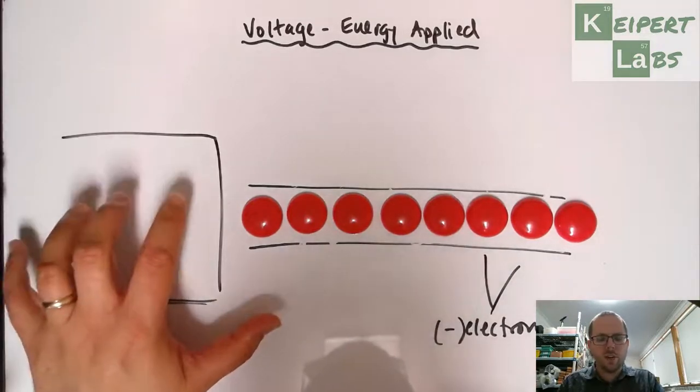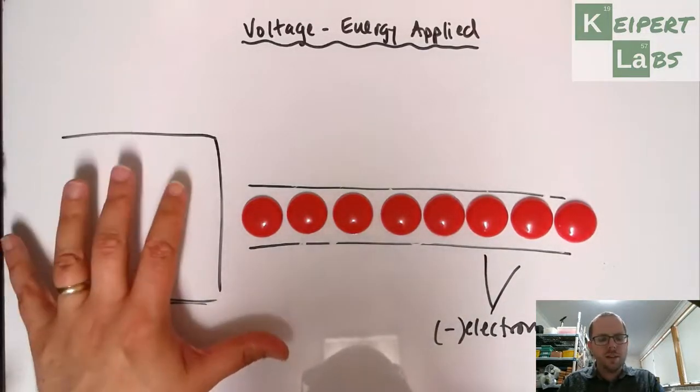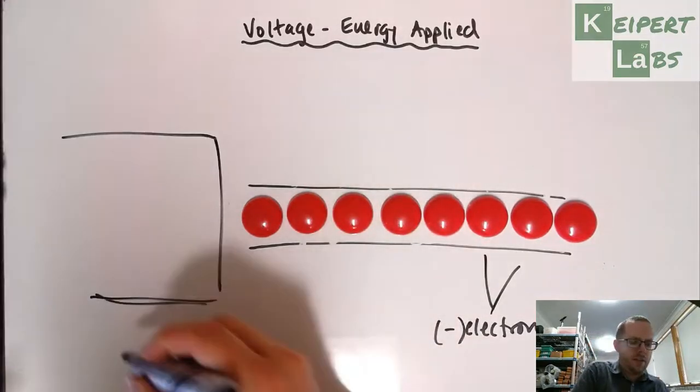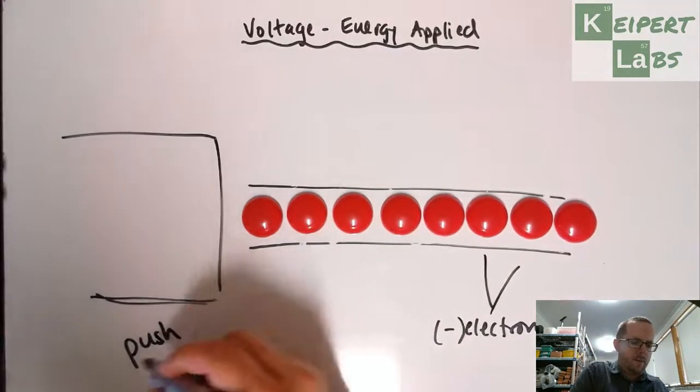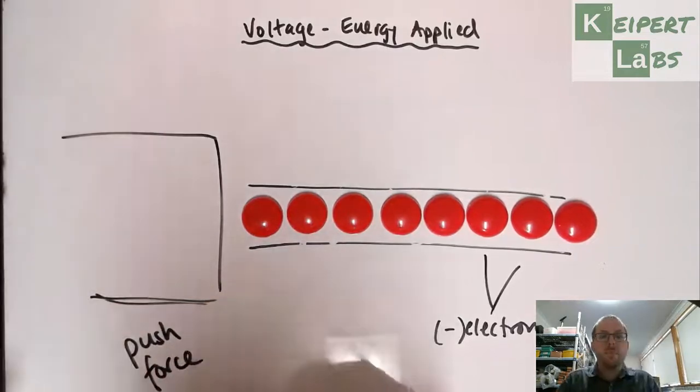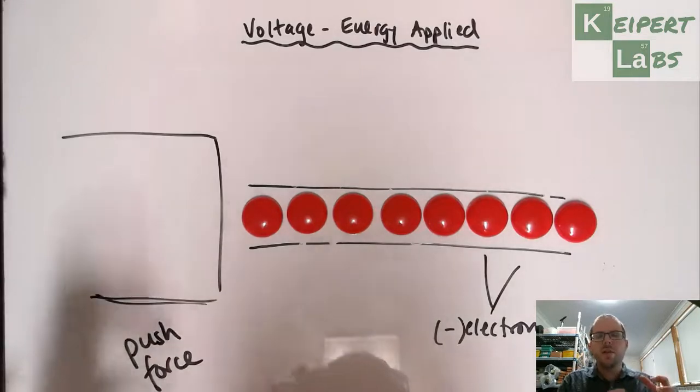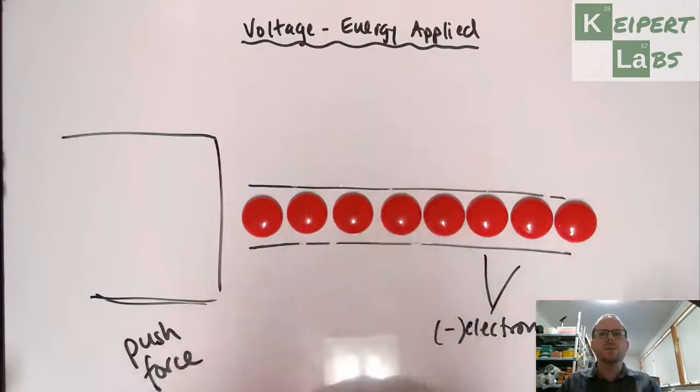In an electric circuit there is some form of a push, a type of force. Something in that circuit provides a push that causes those electrons to be moved around the electric circuit.